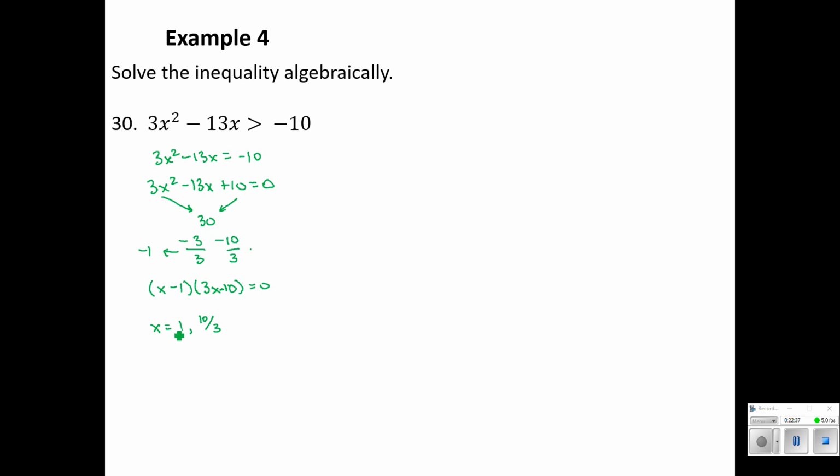Now what we need to decide is, do we want the values that are in between those two or outside those two? So you may remember this from Algebra 1 or even geometry. What we do is we plot those on a number line. So here we've got 0, and we've got 1, 2, 3, and then here is our 10/3. Now, it is just greater than, so I know those actual values are not included, the 1 and the 10/3.